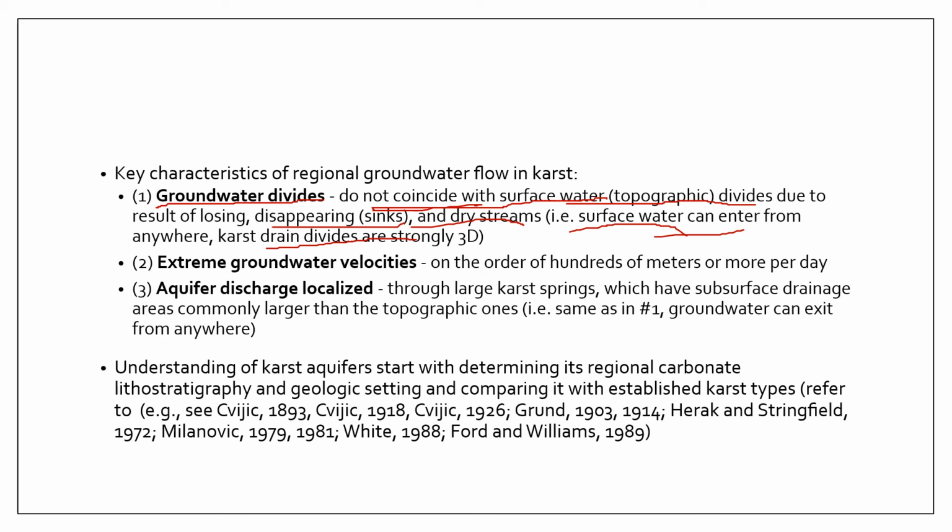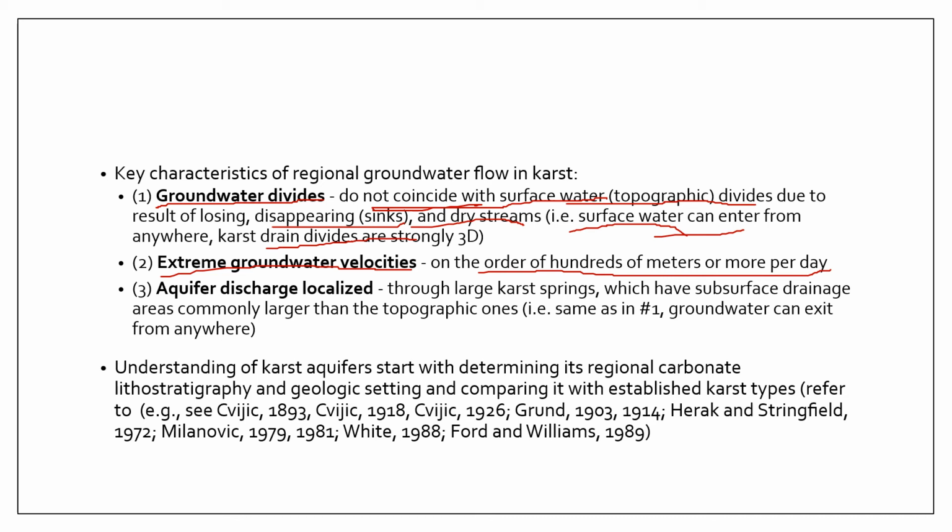The second point is that karst aquifers involve really high velocities, in the order of hundreds of meters per day, and of course they are not subject to Darcy's law anymore, so they are difficult to predict properly.